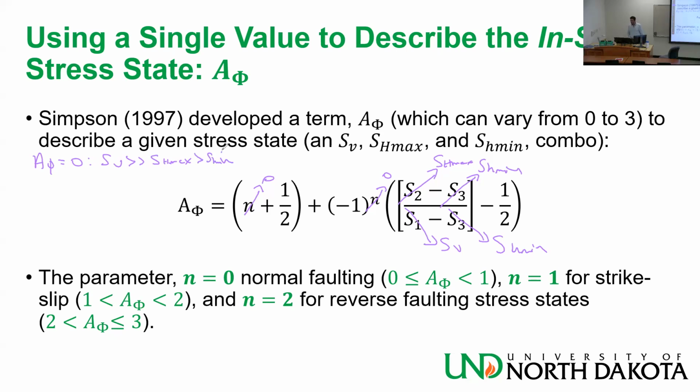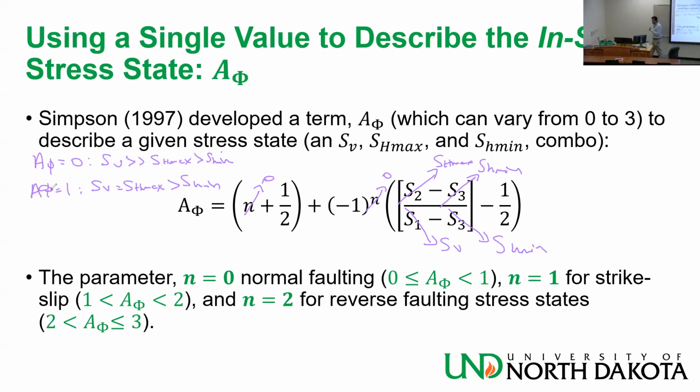What is alpha phi equals 1? Alpha phi equals 1 is SV equal to SH max, which is bigger than SH min. So you are in the interface between strike slip and normal faulting, with strike slip at alpha phi equals 1.